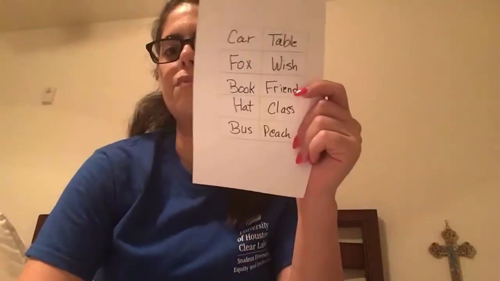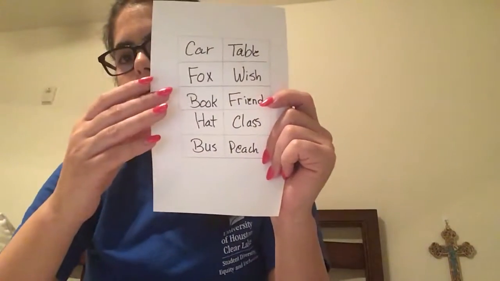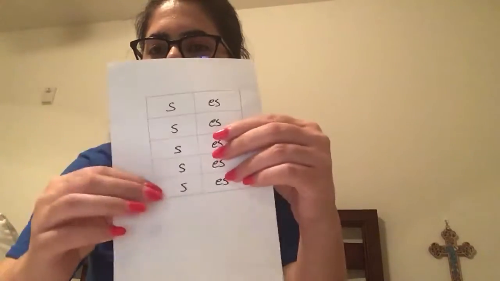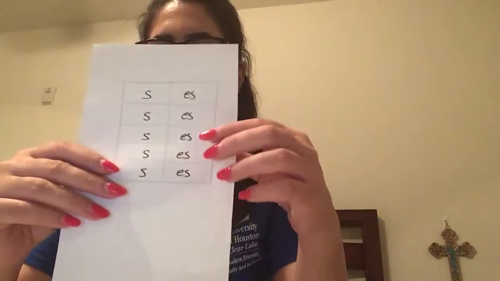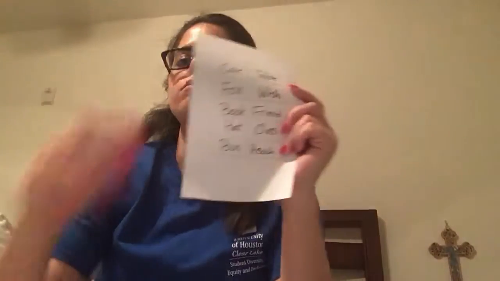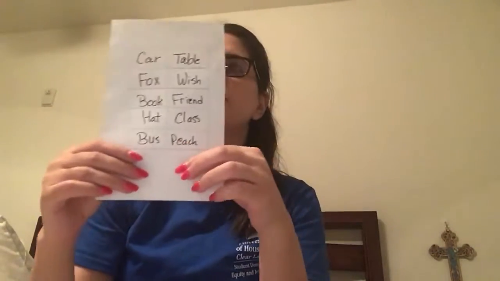One of them has the 10 words, and the second one has the letters, the five S letters and the ES, which will be the ending of each word that they will add. So what I want you to do is to cut these words and these letters and try to glue the words that match each letter.